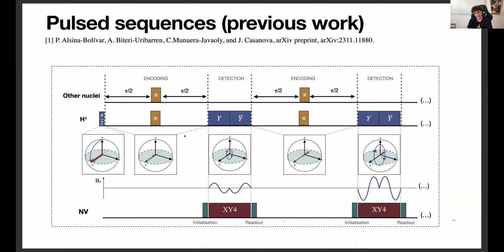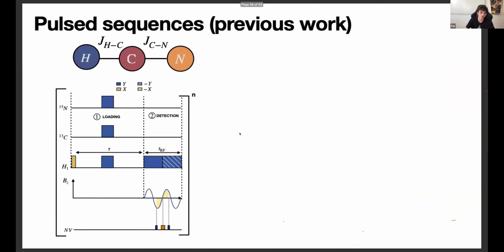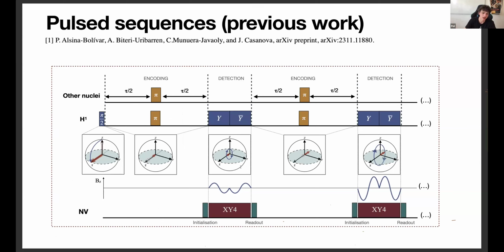To read the hydrogens with the NV ensemble, we apply driving about the y-axis, and the state, wherever it was, will start to oscillate about that axis. This oscillation will start emitting a magnetic field that can be tracked by the NV ensemble. Since we choose the frequency of the driving that we're applying, the frequency of this emitted magnetic field will also be chosen by us. This is how you track this with the NV ensemble.